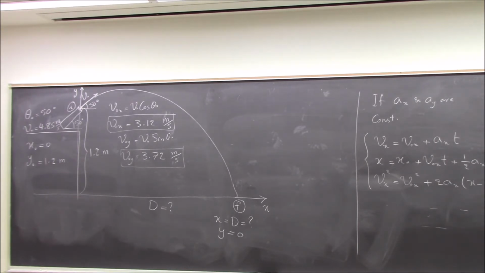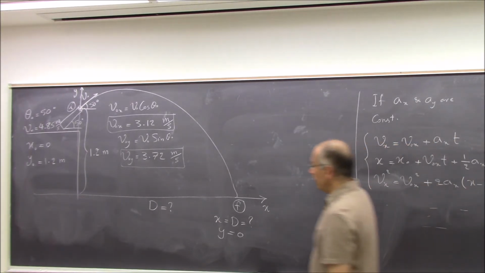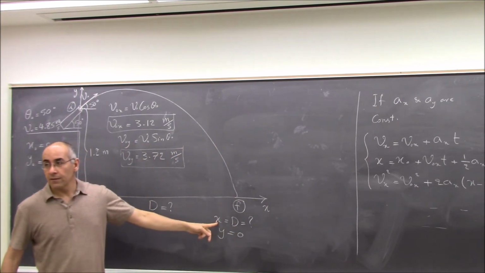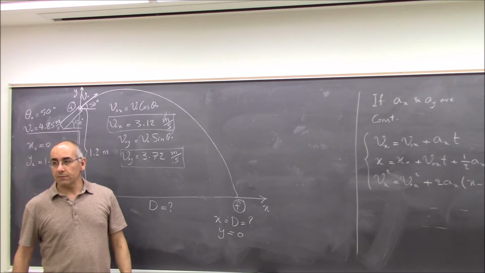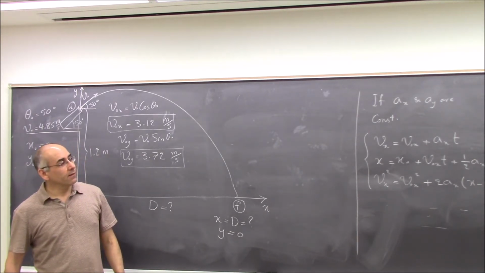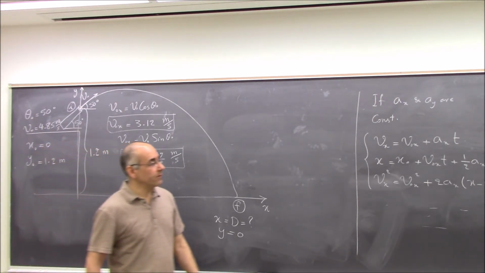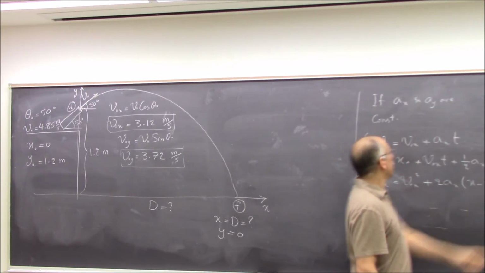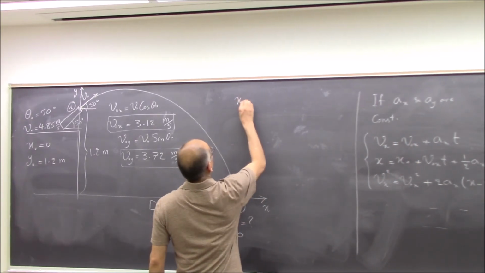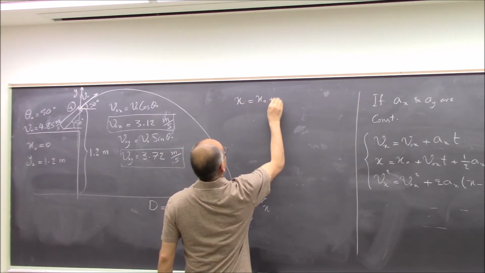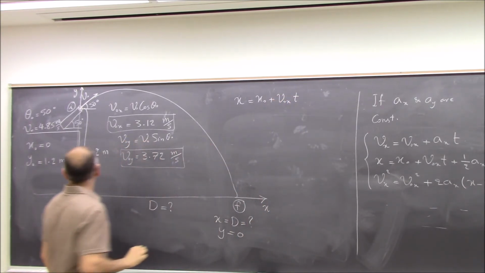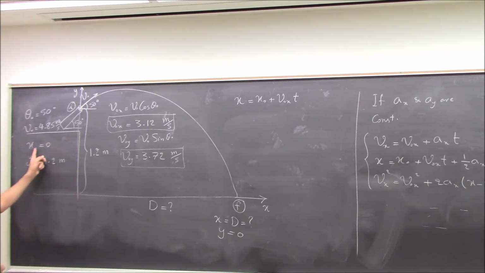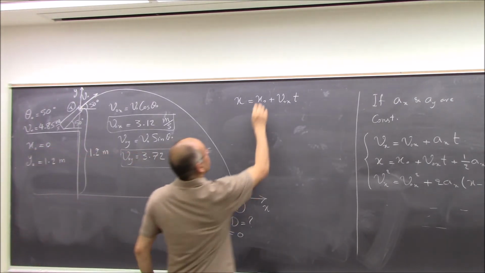So we have these two equations, this equation for x and this set of equations for y. If I want to find x, I go to my list of equations and see where x is. The only place we have x is here: x is x naught plus v naught x times t. x naught is 0.